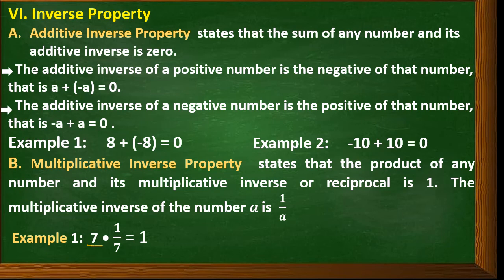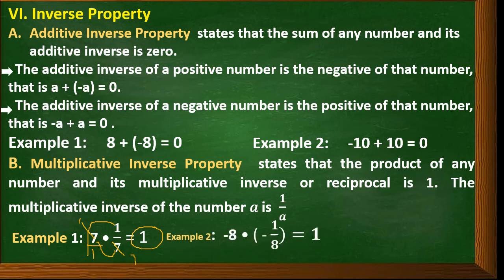That is the reciprocal. 7 has a denominator of 1. So get the reciprocal. 1 now is at the numerator and 7 became the denominator. So once we multiply 7 times 1 over 7, that is equal to 1. Why? We have 7 divided by 7, that is 1. So 1 times 1, we have here 1.